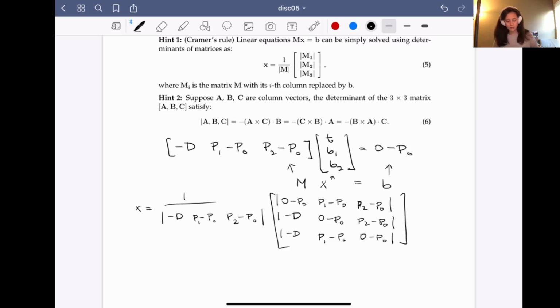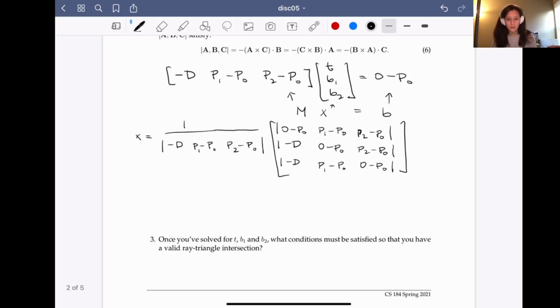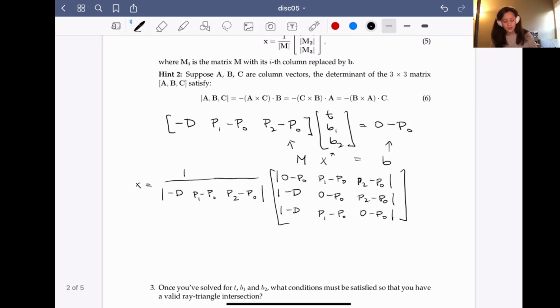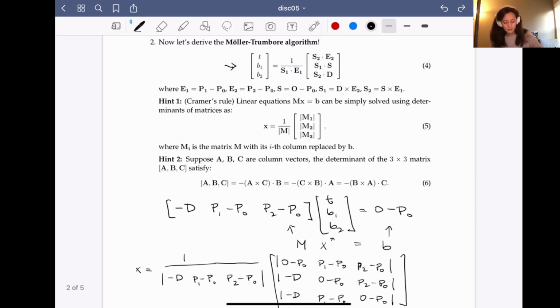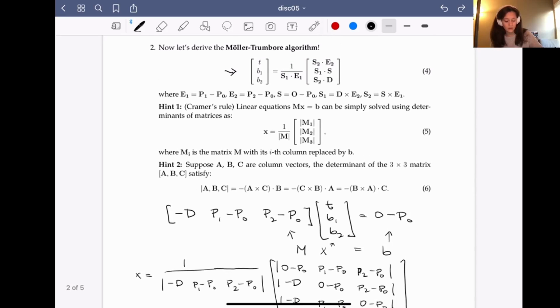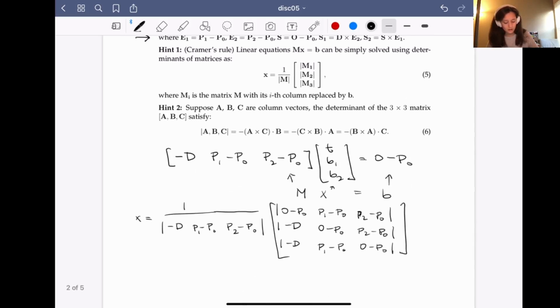Okay, so now we have this other form of our original equation that involves a lot of determinants. In order to make this a little easier on ourselves, we're going to replace a lot of these variables here with the variables that we are using in our Möller-Trumbore algorithm. So like these e's and s's, just so it's a little more compact.